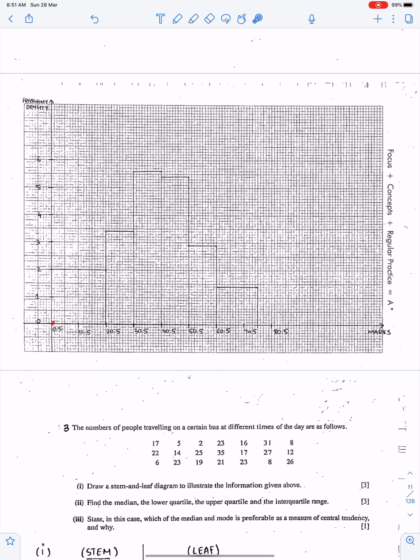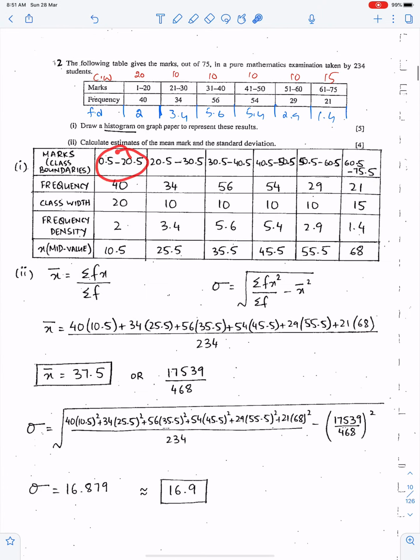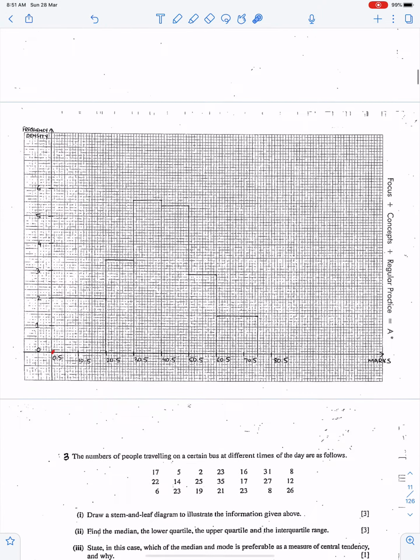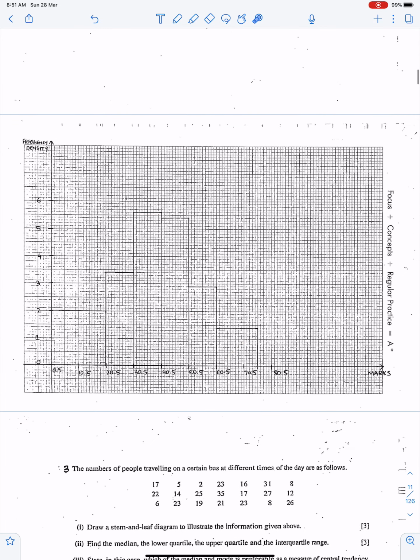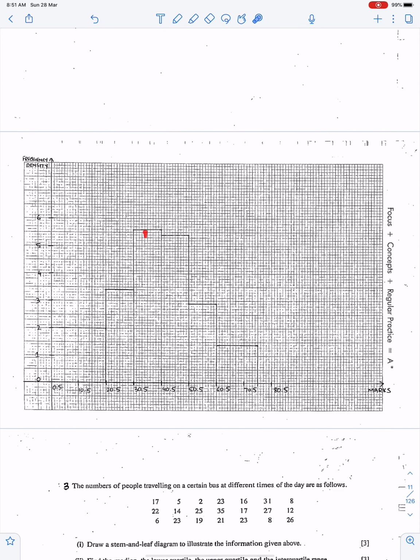So 0.5 to 20.5, the density is 2. Then 20.5 to 30.5 is 3.4, and then you should complete the histogram. This is the modal class, the highest bar class. So this is the modal class, 30.5 to 40.5.